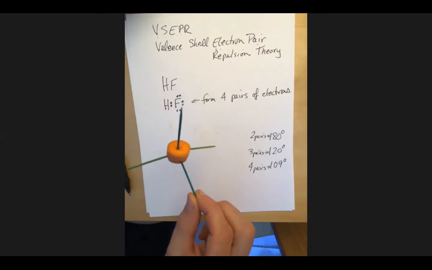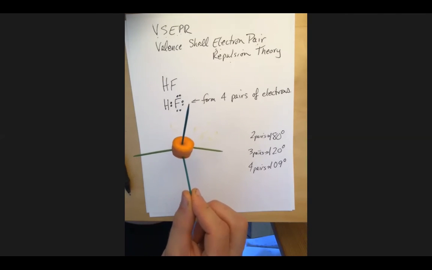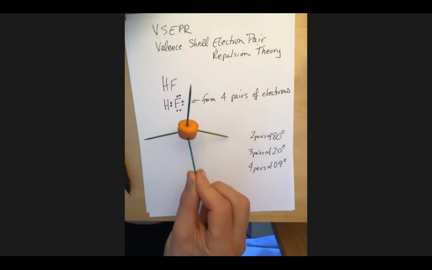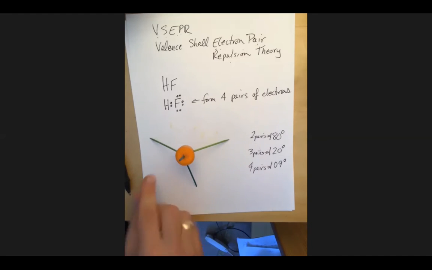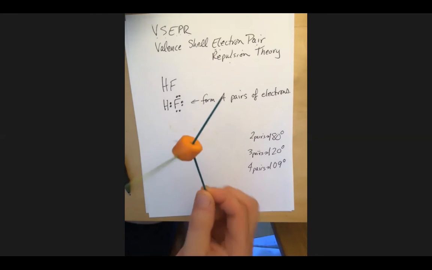And in general, if we've got 4 sets of electrons, the orbitals will be about 109 degrees from each other. And we've gone from flat molecules that could easily fit on our piece of paper to something that is definitely 3-dimensional.